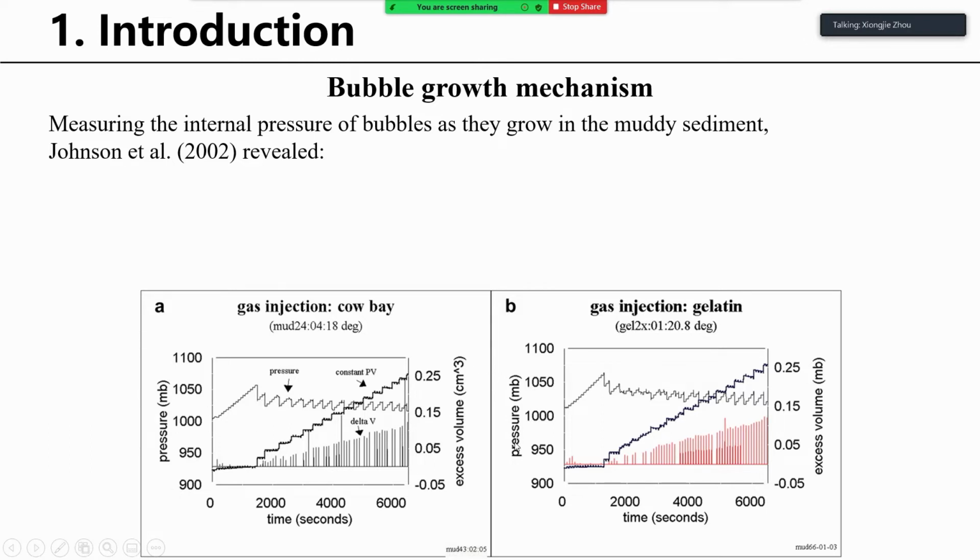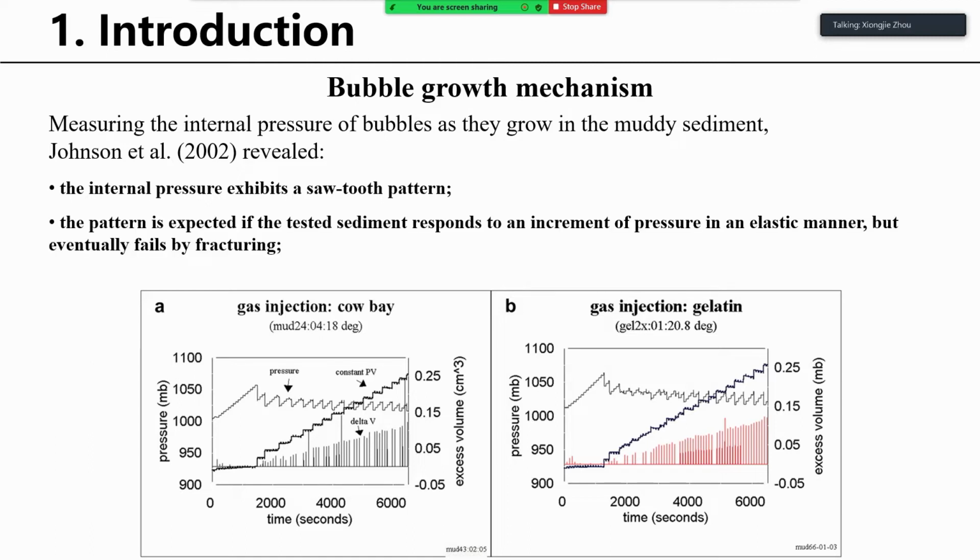The graph is the pressure in a bulb growing in the sediment taken from the core bay, and this is the bulb growing in the gelatin, a muddy sediment surrogate. And it's seen that the internal pressure shows a sawtooth pattern.